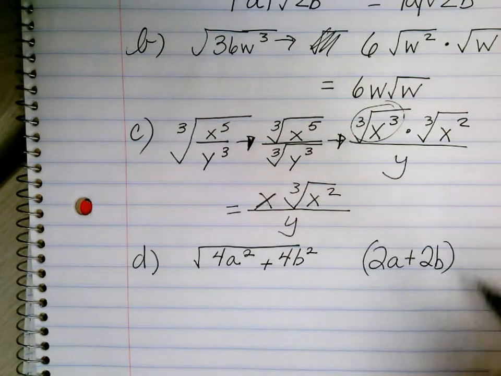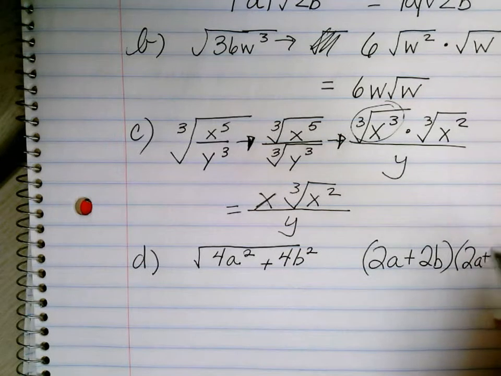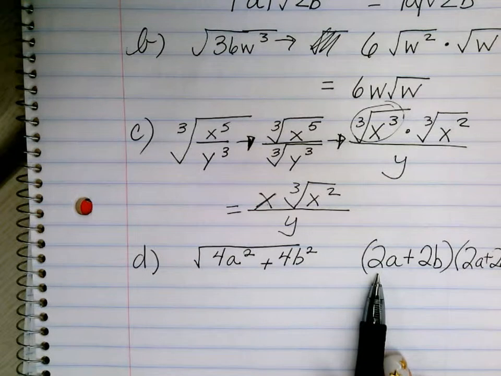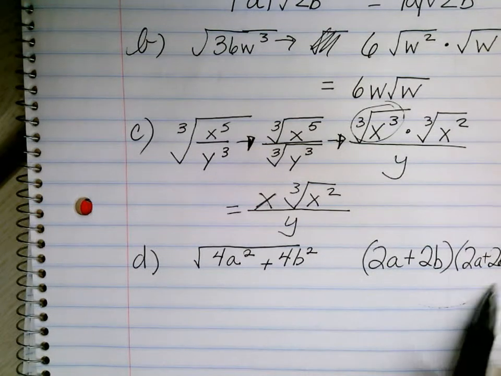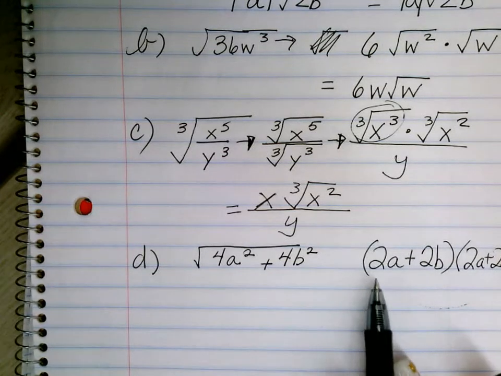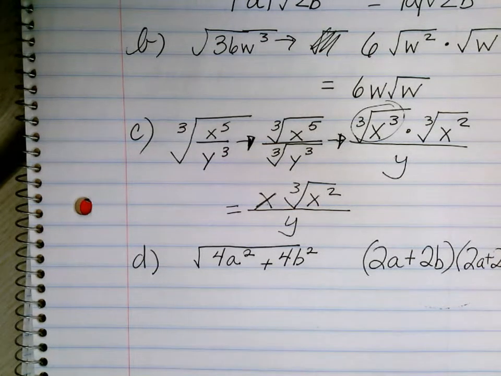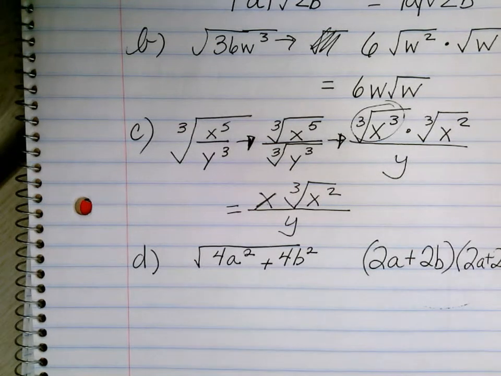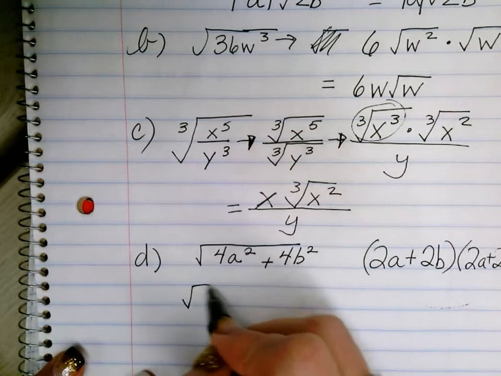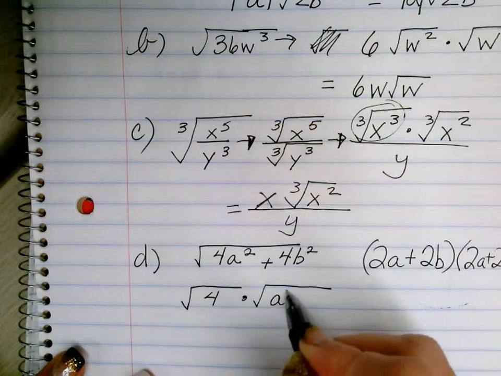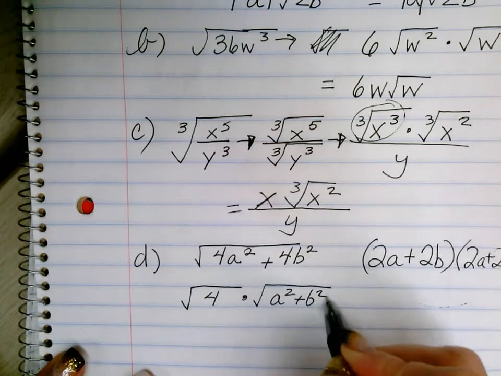But remember, if you square this, you're going to end up with 4a squared plus 8ab plus 4b squared. And that is not what this is. We're going to break this up into 4 multiplied by a squared plus b squared.